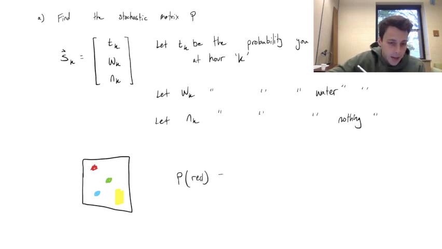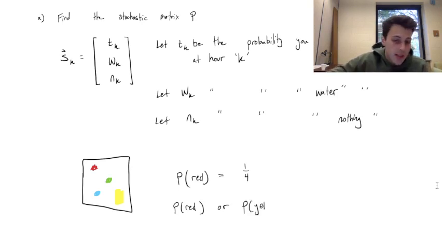Well, this is pretty clear. It's 1 out of 4, right? That might seem like common sense. But let's say I ask: what's the probability that I pull a red object or I pull a yellow object? And for the purposes of this example, you put the object back in the box after.